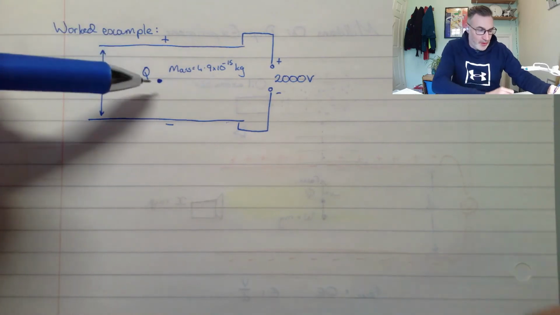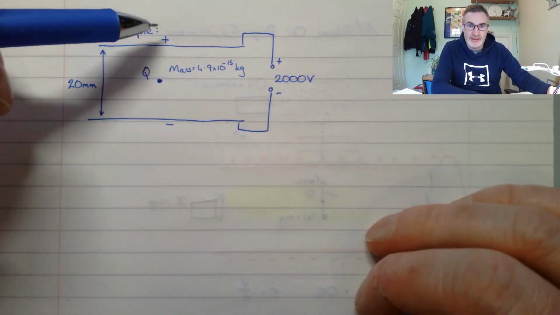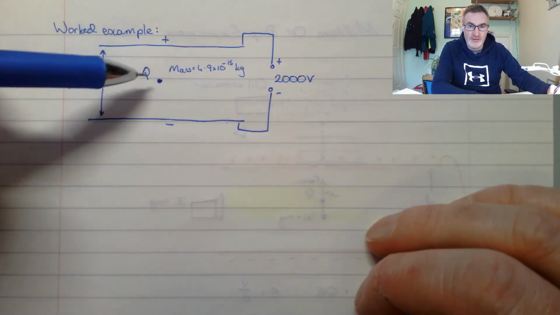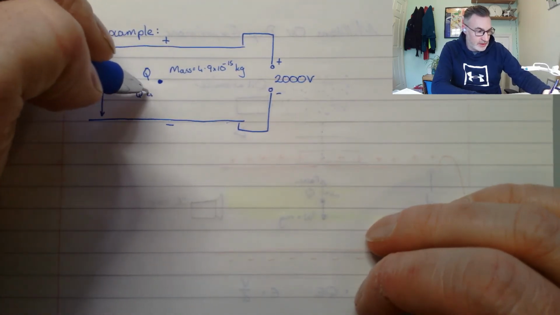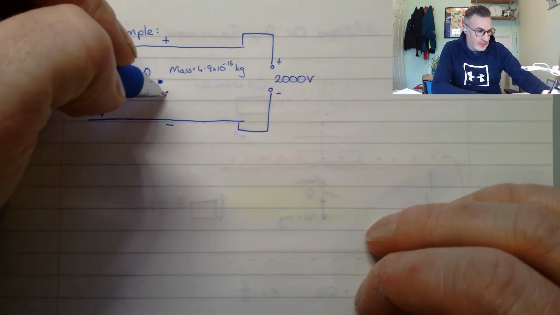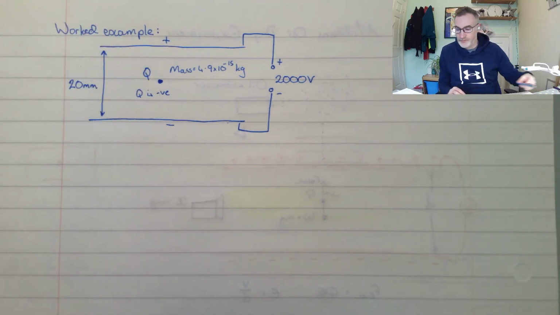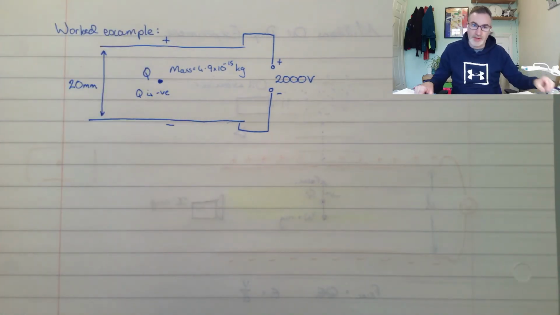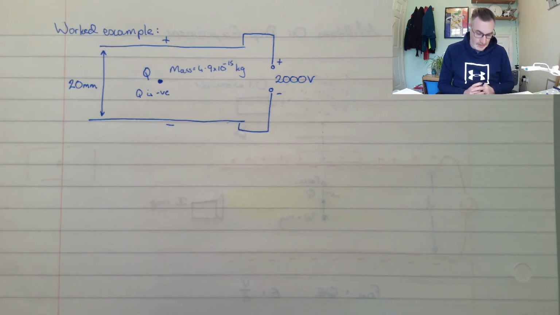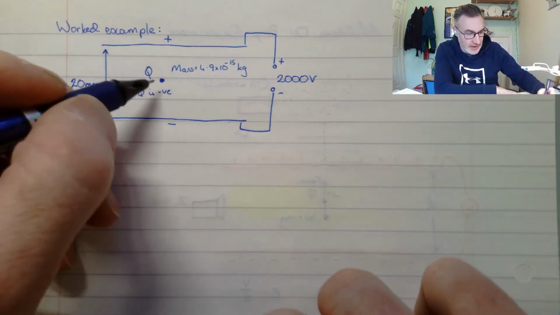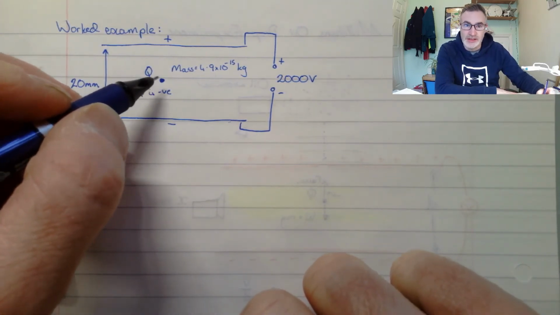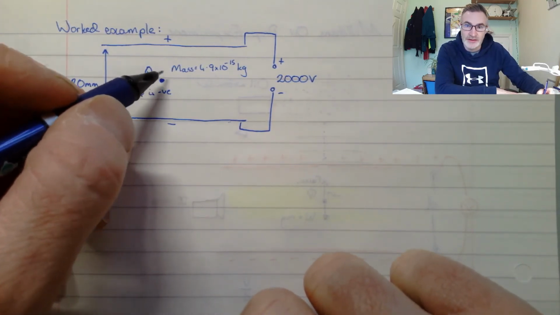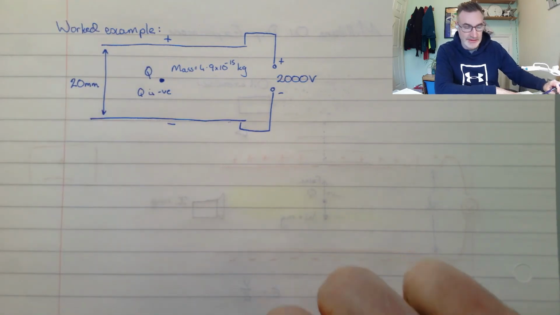Now, because it's being held in the orientation of the plates here, we know that Q must be negative. If the plates were around the other way, we would know that Q would have to be positive. But because it's being held like this, it has a number of excess electrons, rather than missing some electrons.